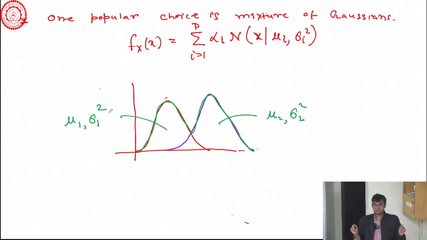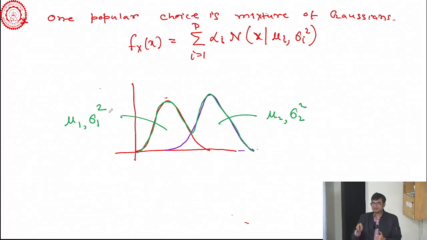Now the location of these individual Gaussians is controlled by the means. The spread is controlled by the variance, and the weightage is controlled by alpha. So you have 3 parameters per component.